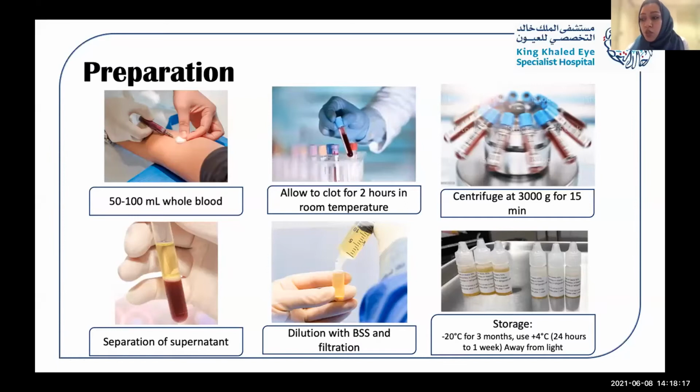It is good to be stored at minus 20 degrees Celsius in the freezer for 3 months. Once it is thawed in the fridge, at 4 degrees Celsius, it is good for about a week. And it should be kept away from light to protect the vitamin A.